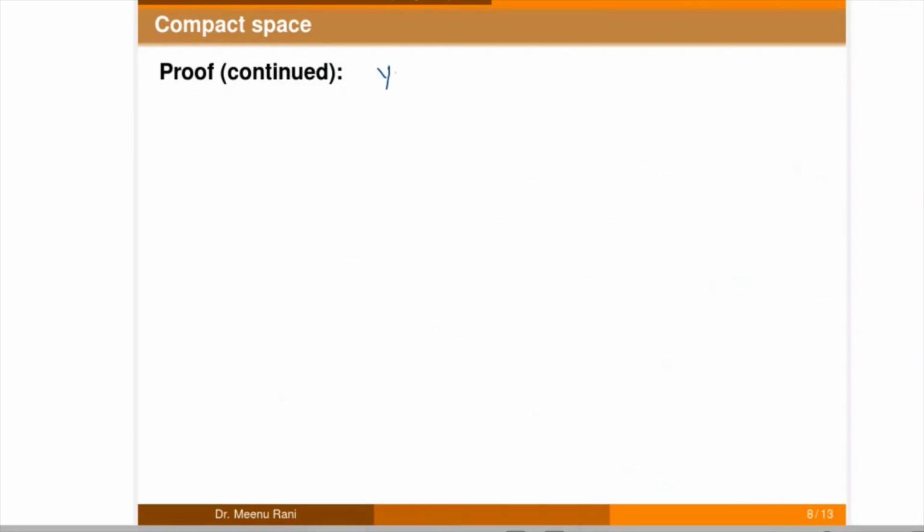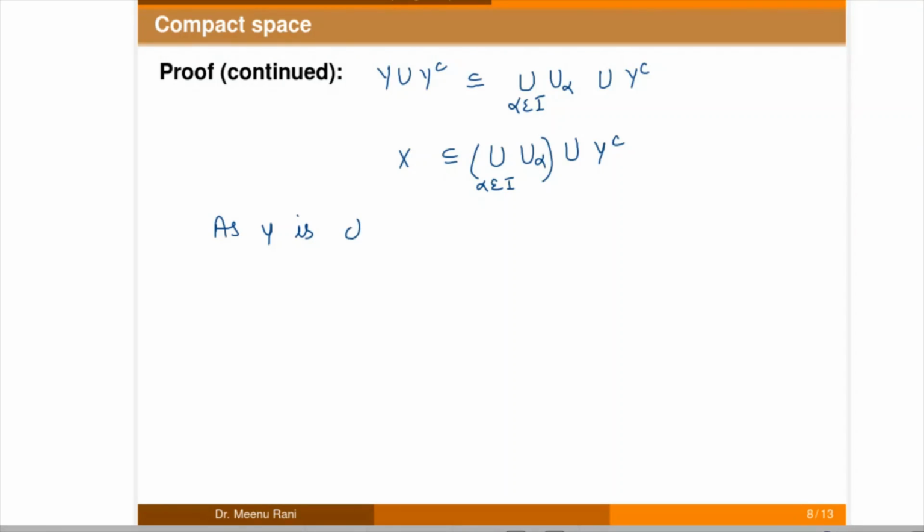As Y is contained in the union of U alphas, now if we take the union with Y complement, then we get Y union Y complement, which is contained in the union of U alphas with Y complement. As Y is a subspace of X, Y union Y complement becomes X. So X is contained in the union of U alphas and Y complement. As Y is closed, it is given, Y complement is open.